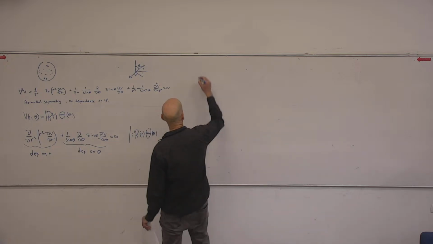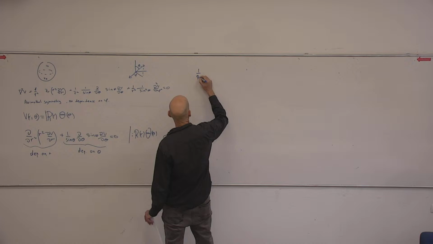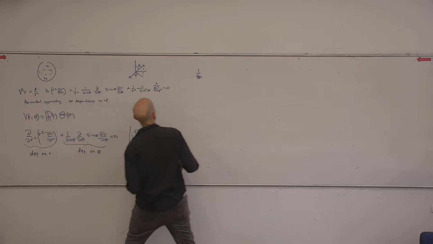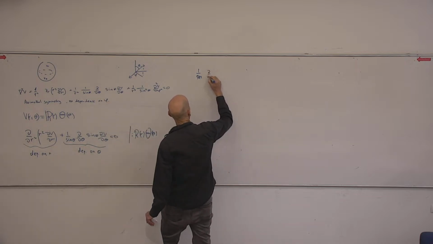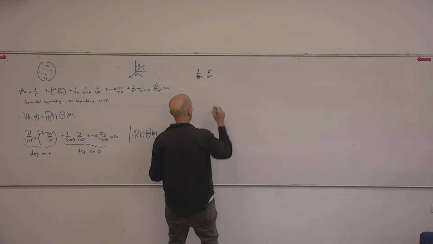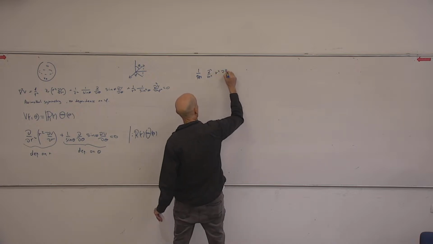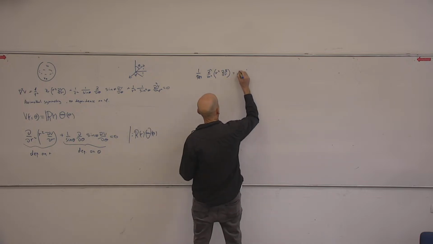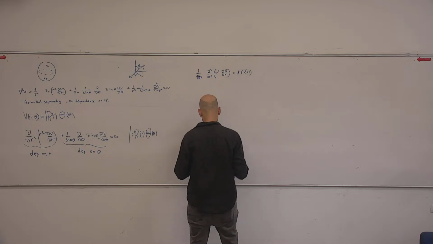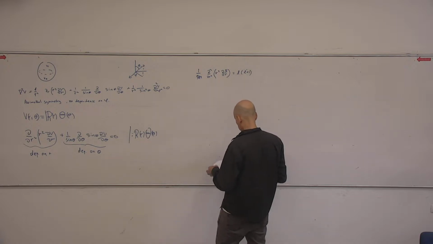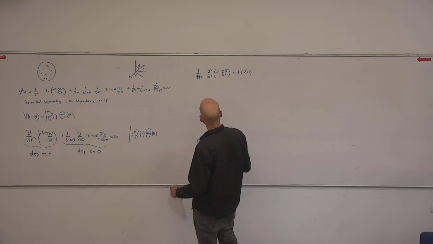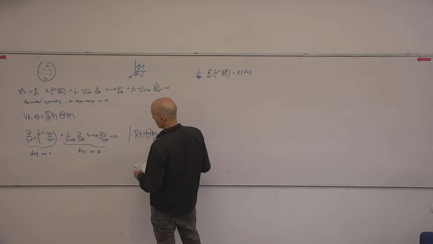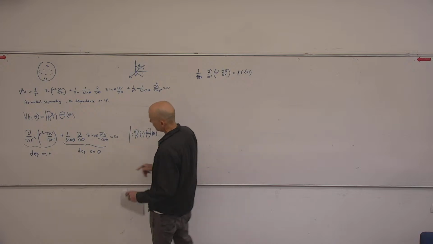So what we find after doing that well-known trick: after you divide, you get 1 over R d/dr of r squared dR/dr equal to l(l+1). And then you have another equation from this part, this 1 over sine theta.